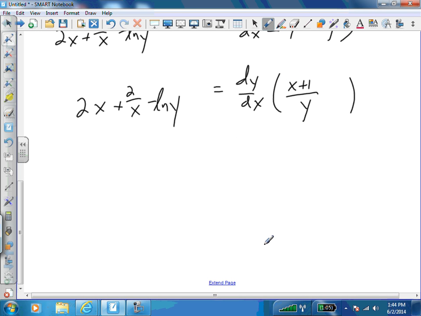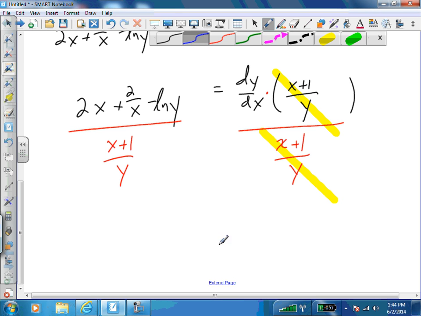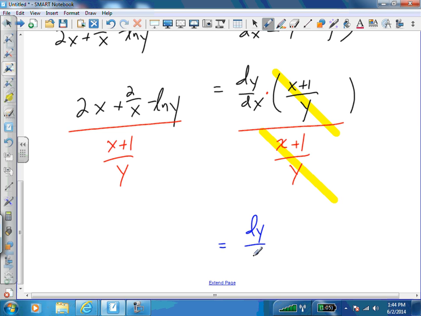How do we get dy over dx? Sure. The opposite of multiplying is to divide, so divide both sides. So the right side, those cancel. The left side, we have 2x plus 2 over x minus natural log of y.